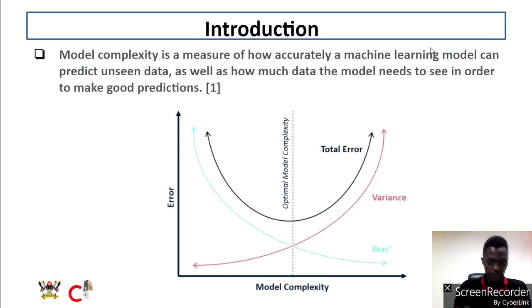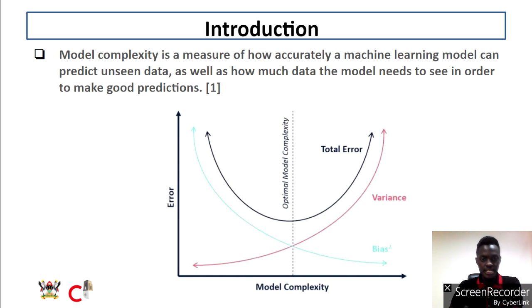After understanding this, we get to know what model complexity is. This is a measure of how accurately the machine learning model can predict unseen data, that is, data that has not yet been put into the model, as well as how much data the model needs to see in order to make good predictions.